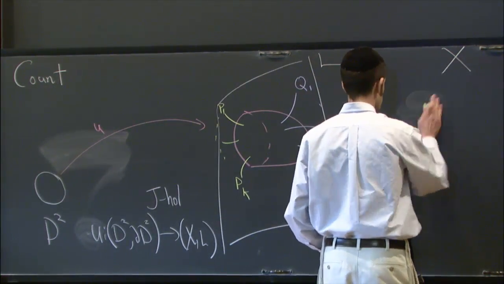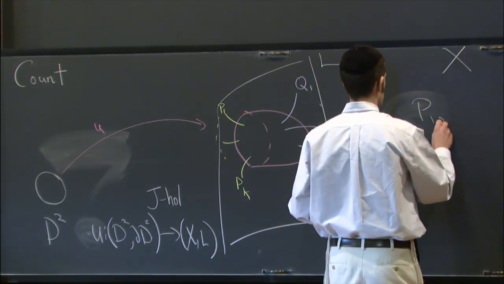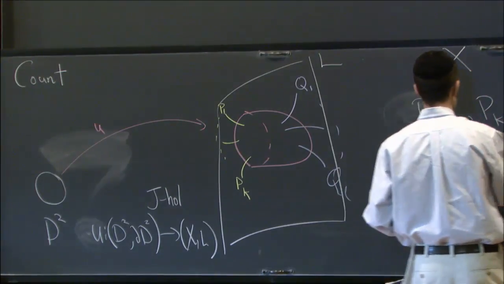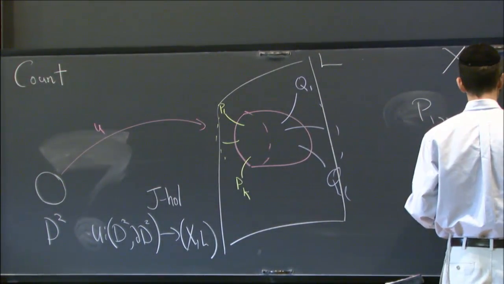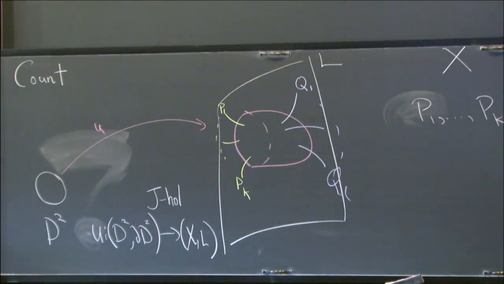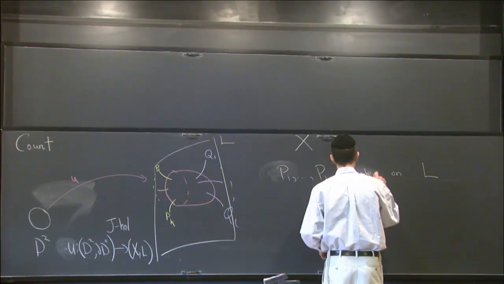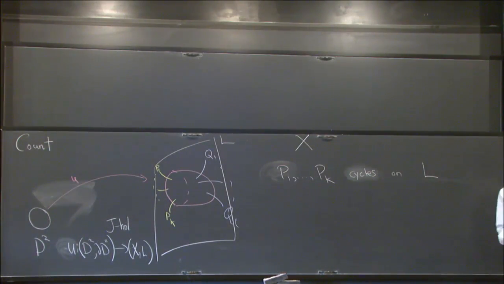Think of P1 to Pk as sort of chains on L. In the naive version, you want to look at cycles, but that's going to turn out to be the wrong thing to do.